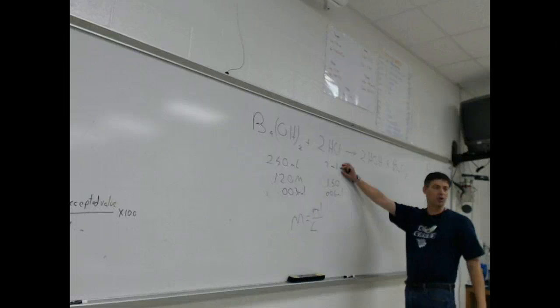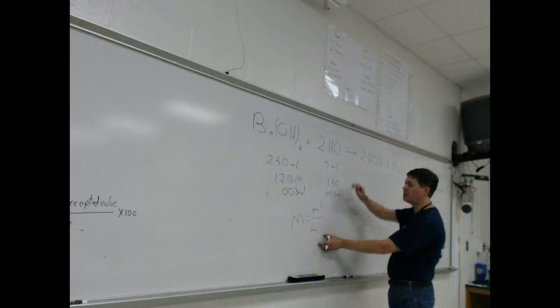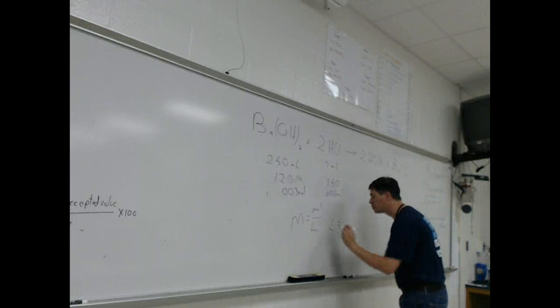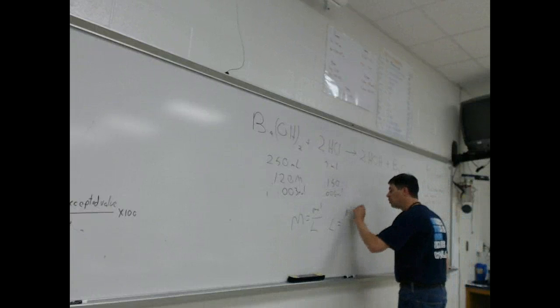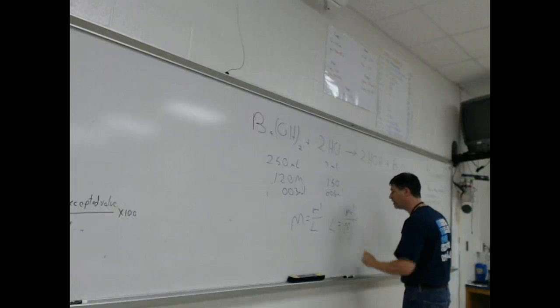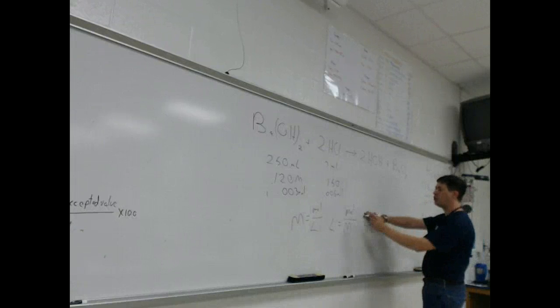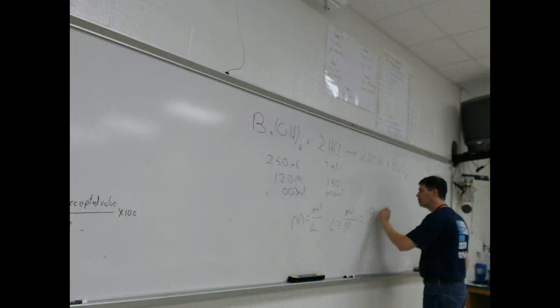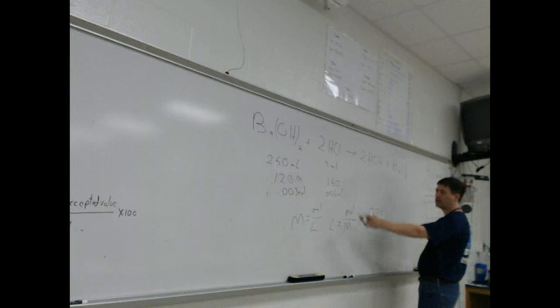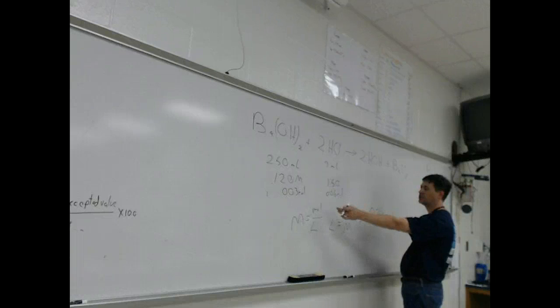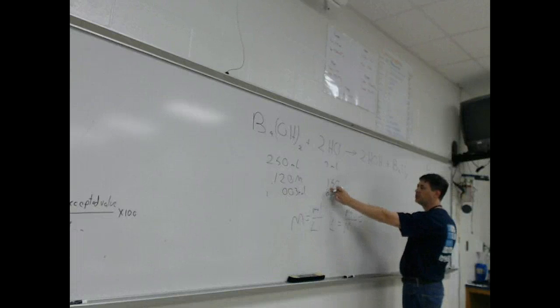Now we want to solve for the liters. So rearrange this for me. Liters equals what? Moles over molarity. Moles is 0.006, and we're going to divide by the molarity of the hydrochloric acid.